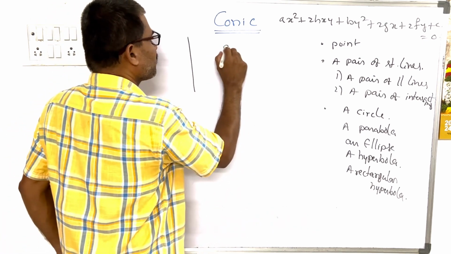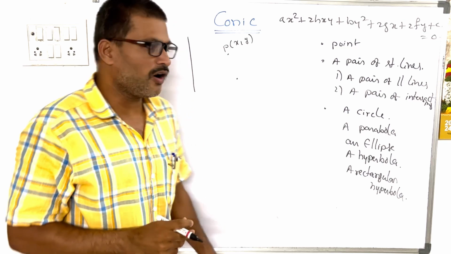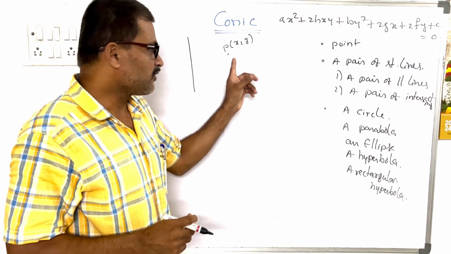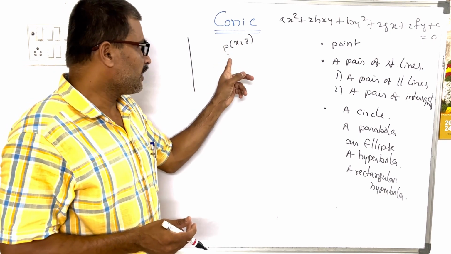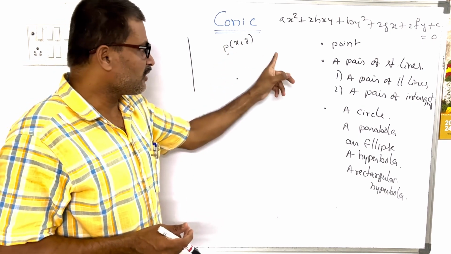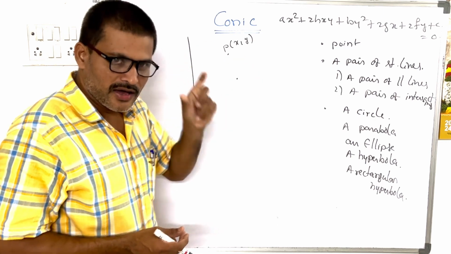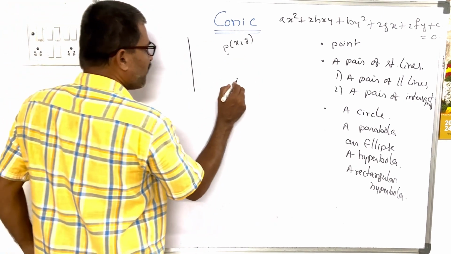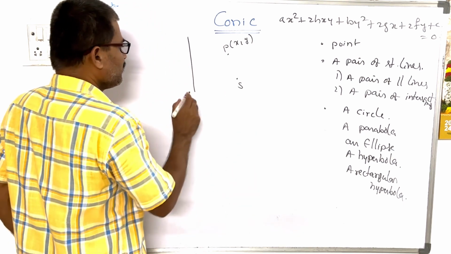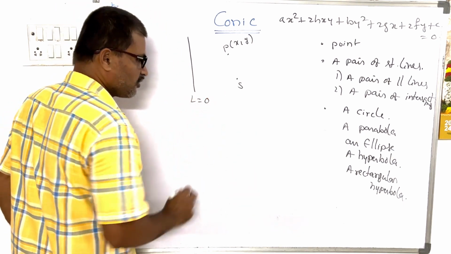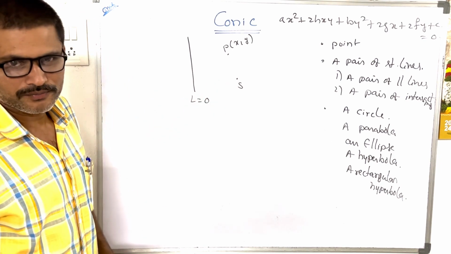Let us consider some P(x, y). This is the variable point, because the values of x and y will change. The fixed point can be taken as S, and this is some straight line L = 0. This is the fixed straight line, this is the fixed point.